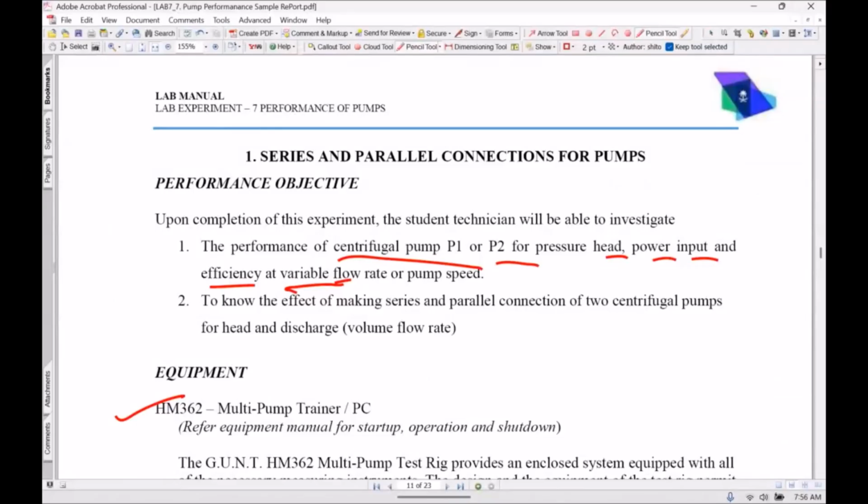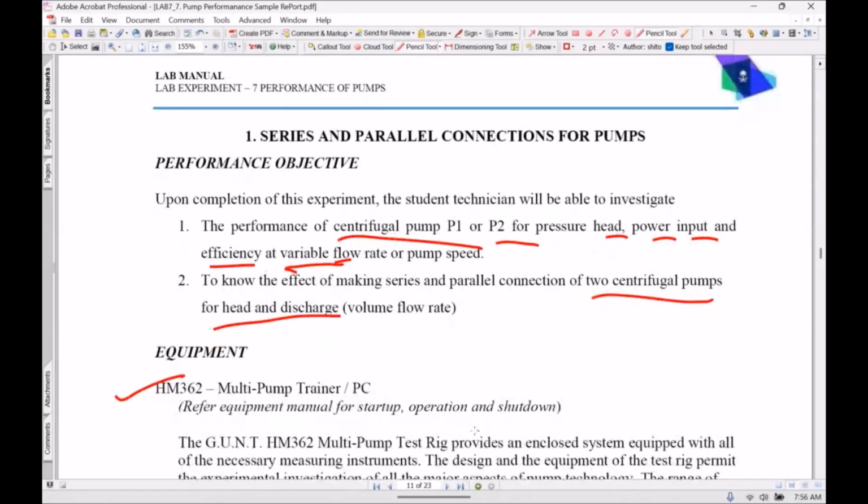The same we can repeat with variable speed, and we will plot the graph for series and parallel connection. We will do the series and parallel connection for two centrifugal pumps, and plot the graphs for different characteristics.